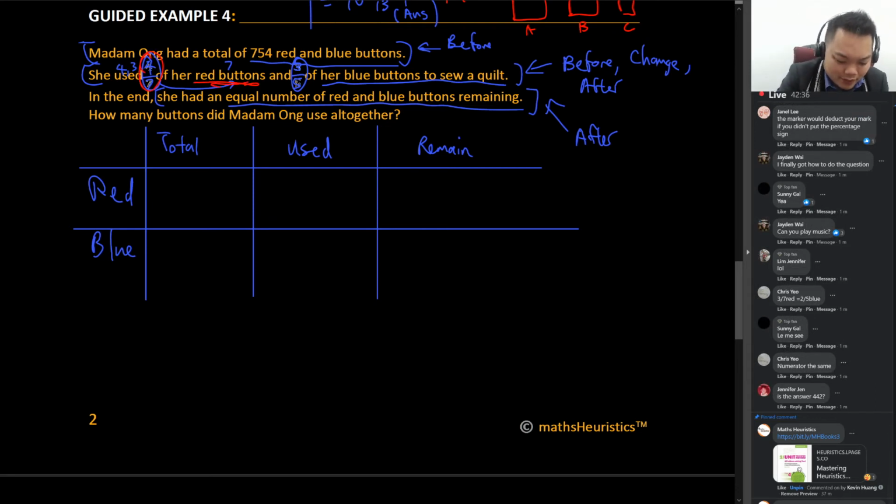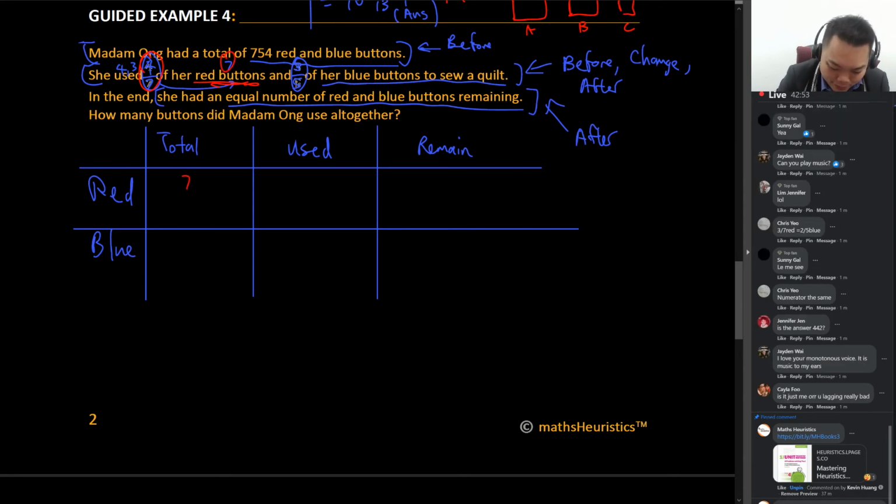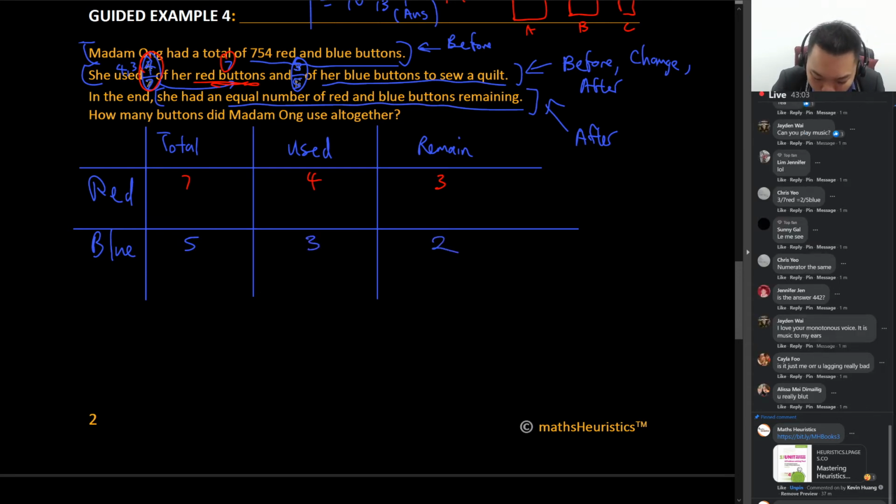Now, for the red buttons, the total here is 7. You had 7 blocks of red buttons, right? You used 4 of them, and now you're left with 3. For the blue buttons, you had 5 blue blocks. You used 3 blue blocks, and now you have 2 blue blocks remaining.